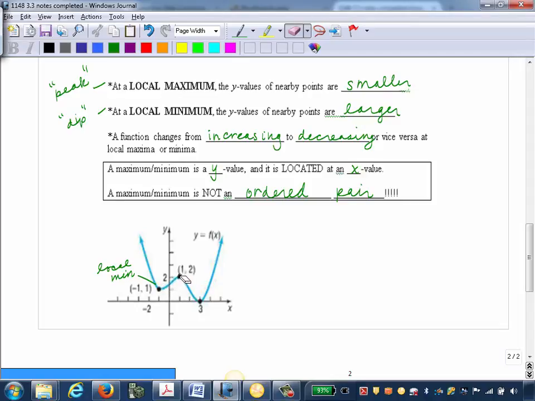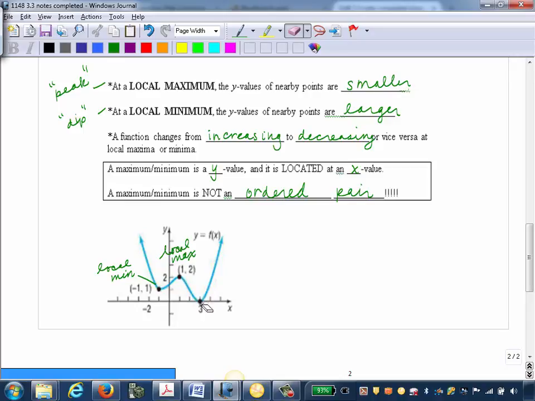It increases until it hits this peak in the graph at 1, 2. So this graph has a peak, or a local max, at 2. So local max is 2. Then as you move to the right from the max, this graph falls, it decreases until we hit the point 3, 0.